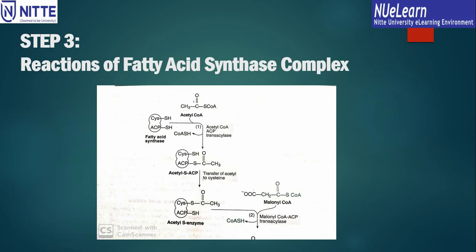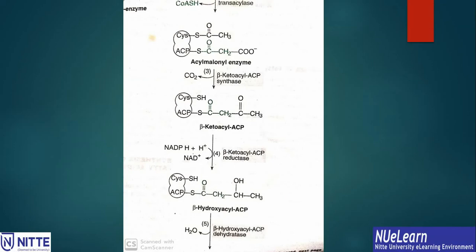The second enzymic reaction, as you can see, is the enzyme malonyl-CoA ACP transacylase, which helps in transferring the malonyl residue from malonyl coenzyme A to bind to the ACP residue. That is the second enzymatic reaction.